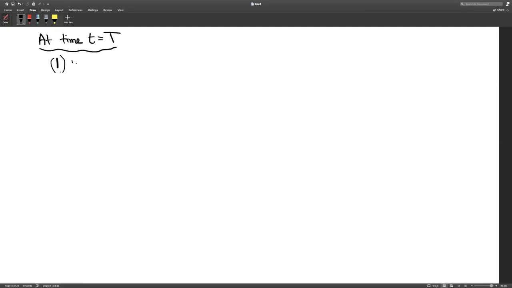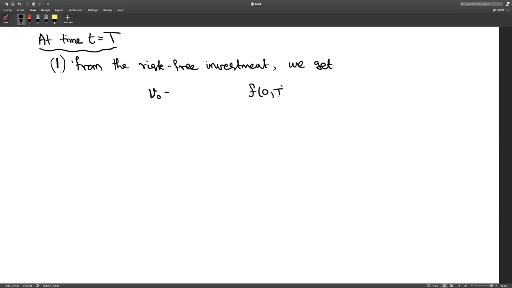Let us see that first. Say at initial time t equal to 0, what we invested is giving us V0. That was actually F(0, T), because we have invested e^(-rT) times F(0, T). Therefore, at t equal to capital T, we get this.